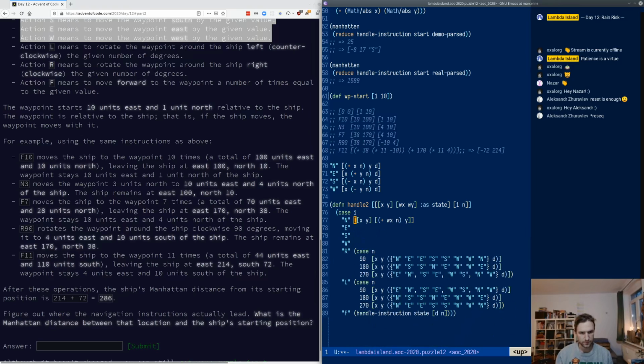There you go. So this we add to x. Here we subtract from x. Here we turn it around. We add to y. And here we subtract from y.